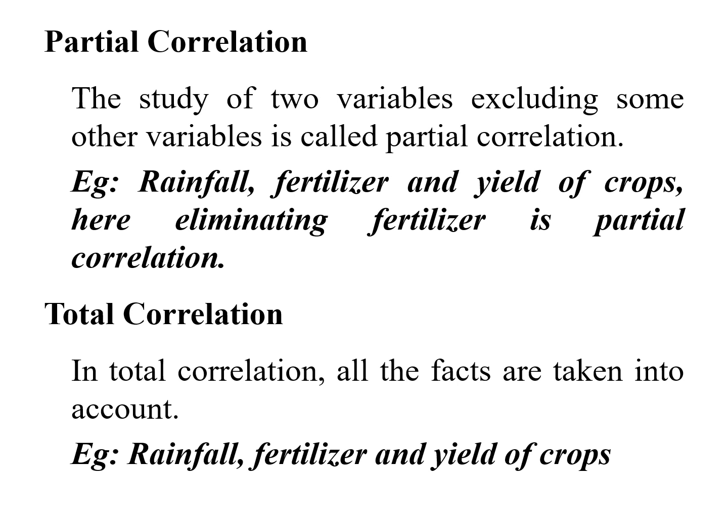Next one, total correlation. In total correlation, all the facts are taken into account. For example, rainfall, fertilizer, and yield of crops: here I take all three variables into account. In partial correlation, we exclude one variable from the variables. So this is partial correlation and total correlation.